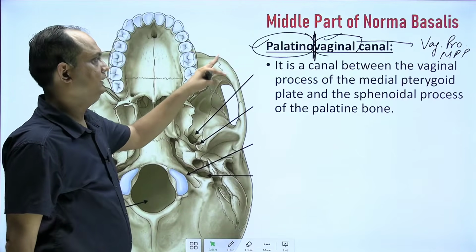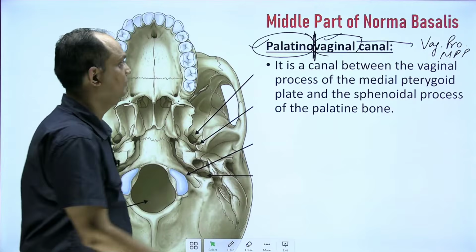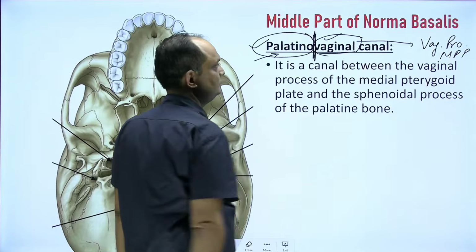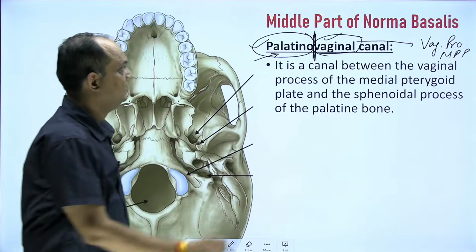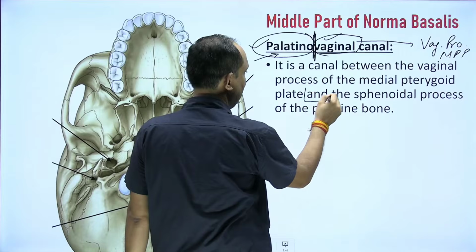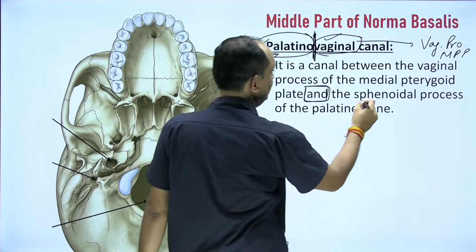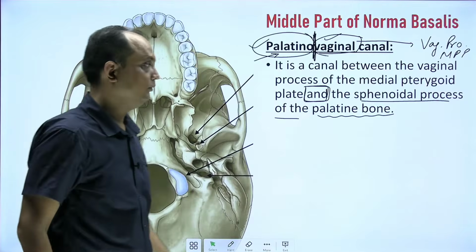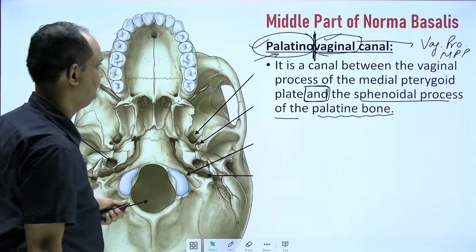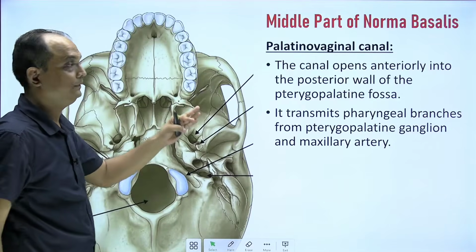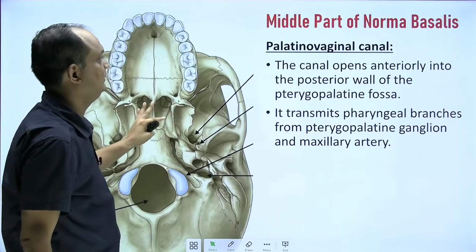This palatinovaginal canal is formed between the palatine bone and the vaginal process of medial pterygoid plate. So the canal lies between the vaginal process of medial pterygoid plate and the sphenoidal process of palatine bone. Clear? Now where will you find the sphenoidal process of palatine bone? This sphenoidal process is not visible in the norma basalis.